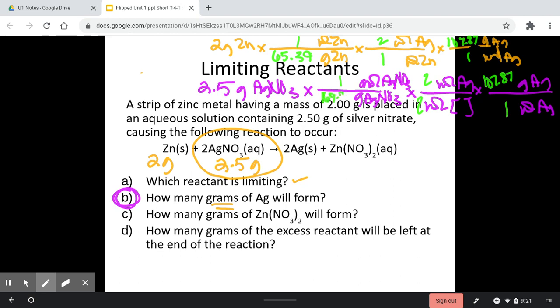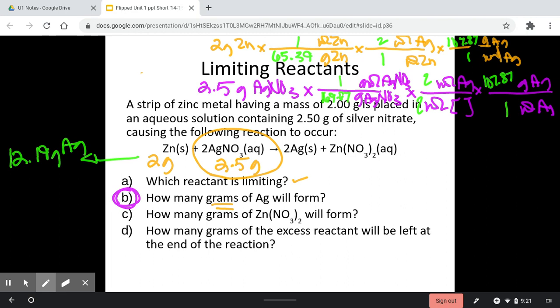Okay, and then silver nitrate, 107.87 plus nitrogen plus 3 oxygens, 169.87. All right, so now I can do my calculations. On the zinc one, I'm going to go 2 times 107.87 divided by 65.39.